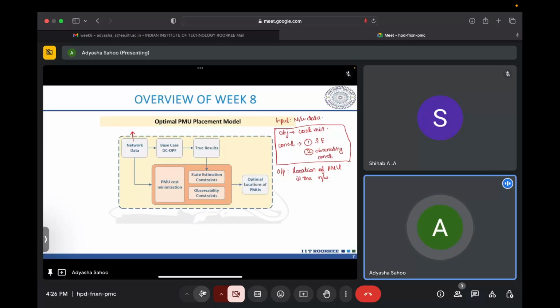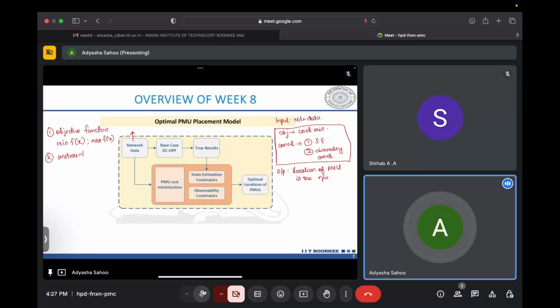Any optimization problem will have an objective function. The objective function can be minimizing some function f(x) or maximizing some function f(x), and with that you will have some constraints.